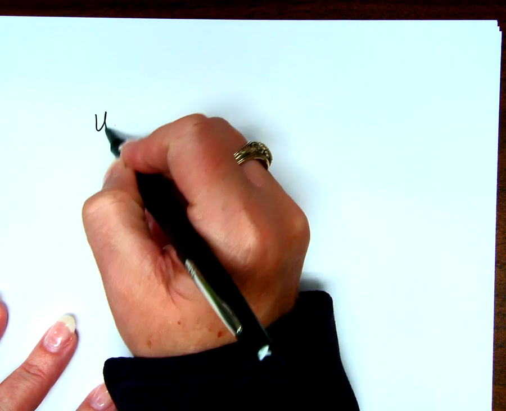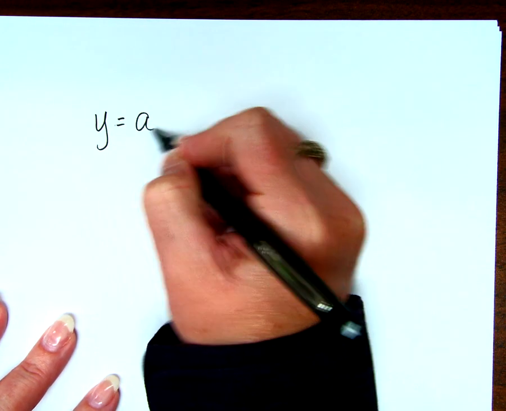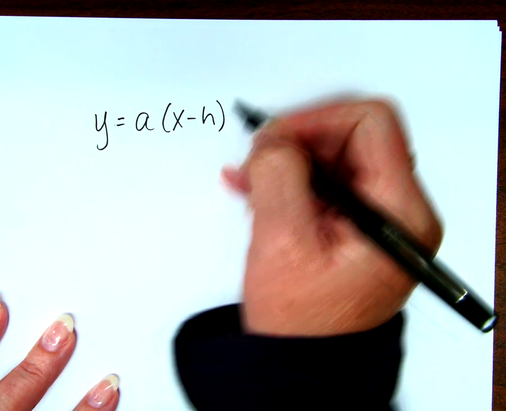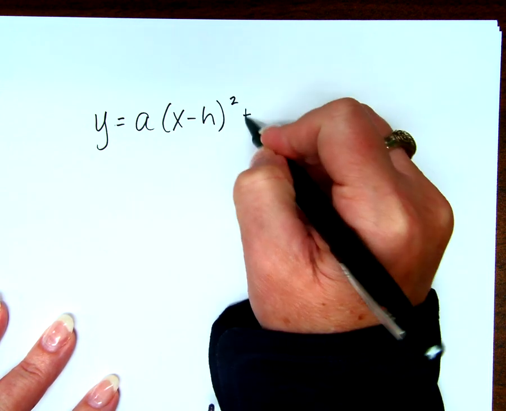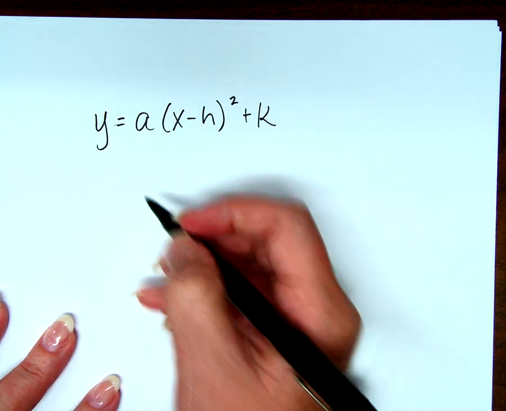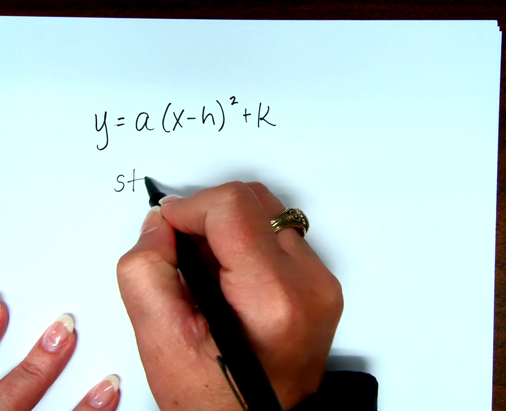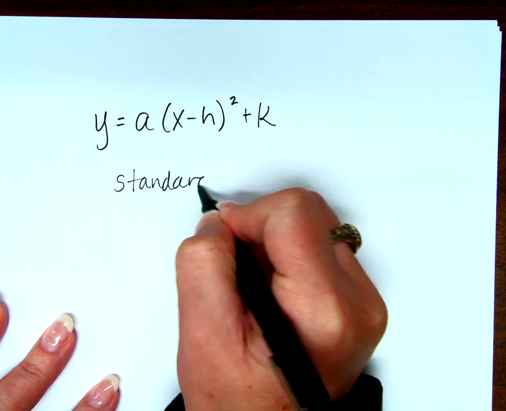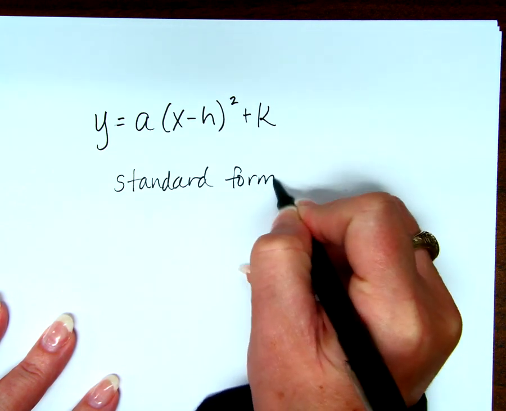So first of all, I want to remind you of some vocabulary changes from Algebra 2 to college algebra. This they call standard form.